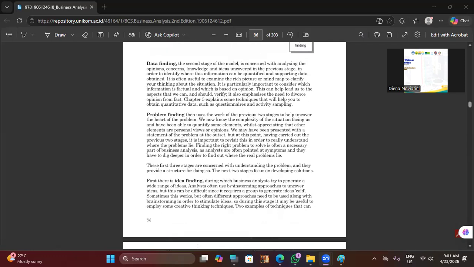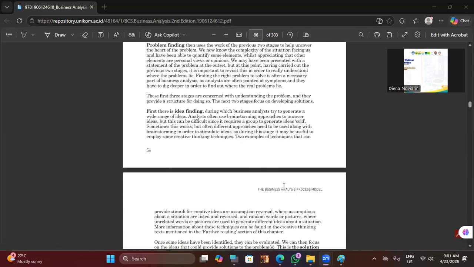What is idea finding? Idea finding is a stage during which business analysts try to generate a wide range of ideas. And then we often use different approaches along with brainstorming in order to stimulate ideas. So during this stage, it may be useful to employ some creative thinking techniques.